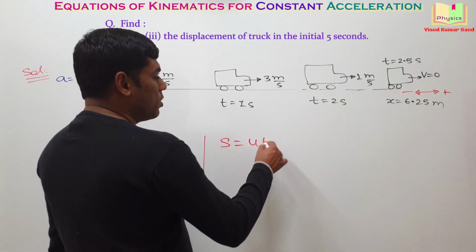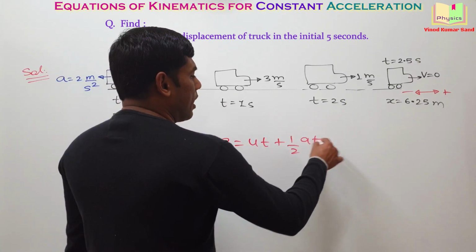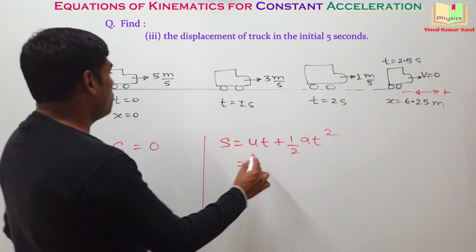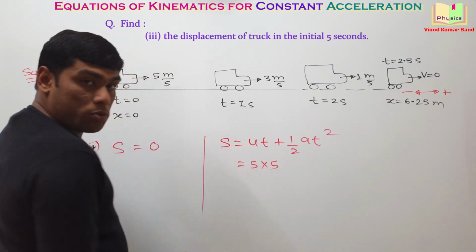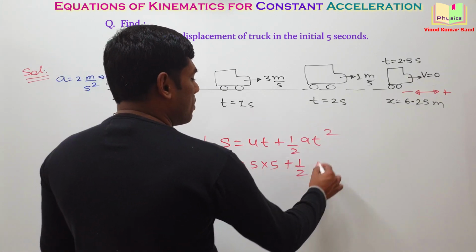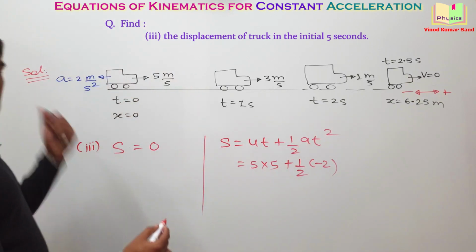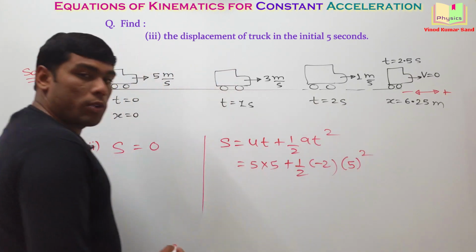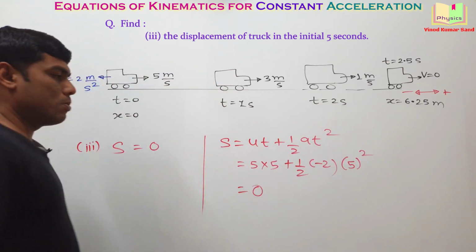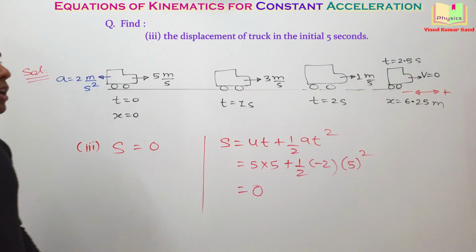Although I can prove it with the equations. S is equal to ut plus half at square. U is 5. Time is 5. Acceleration is minus 2 in this direction. So minus 2. Time is 5. Simplify this. Displacement comes out to be 0.